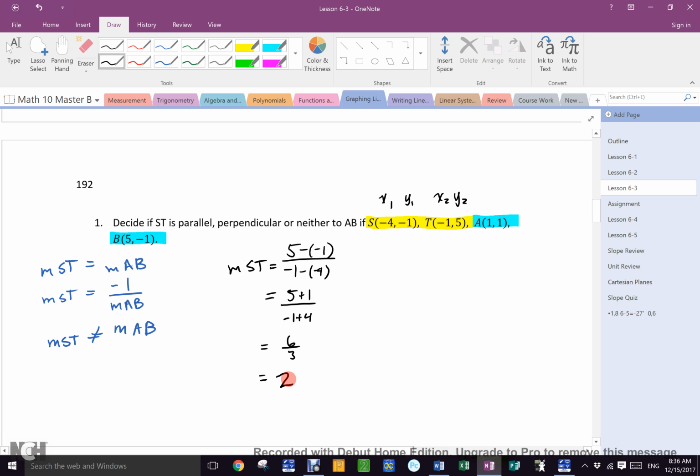Now, no matter how you did your y2s and y1s, your slope of ST should be 2.